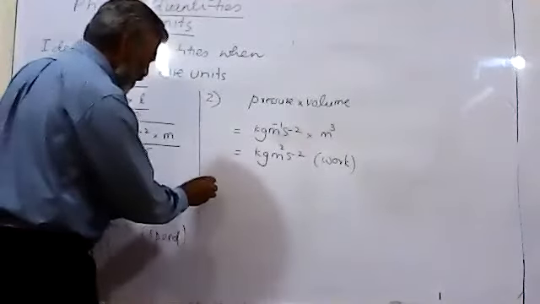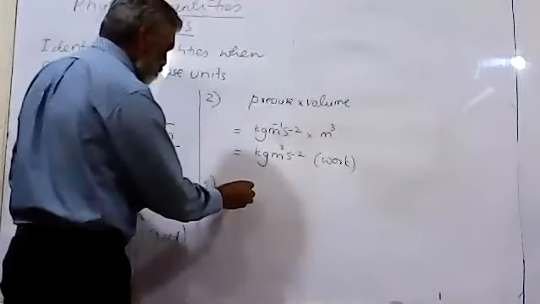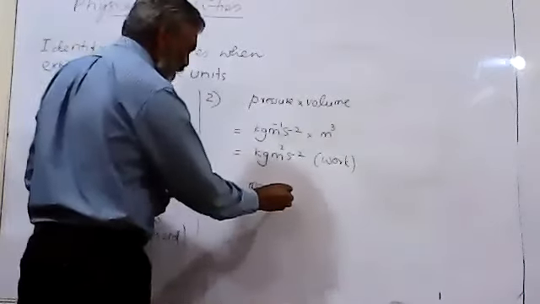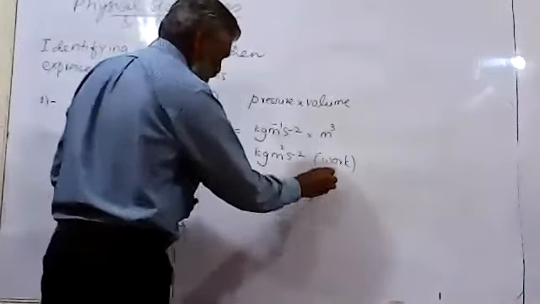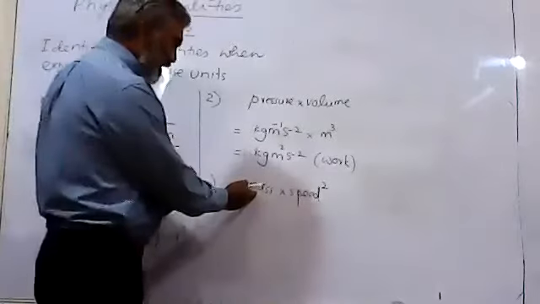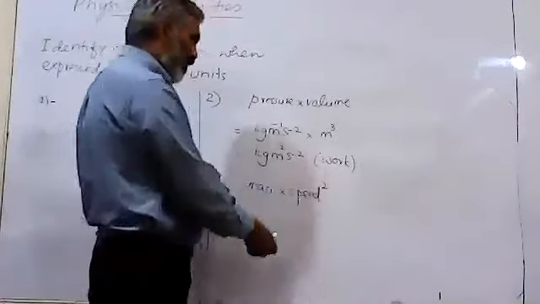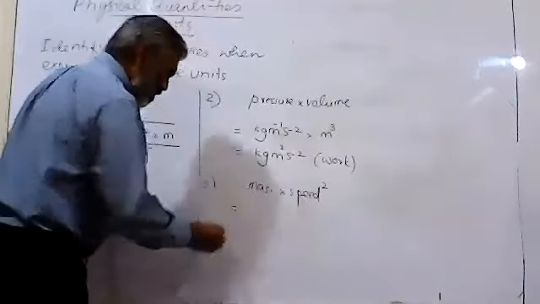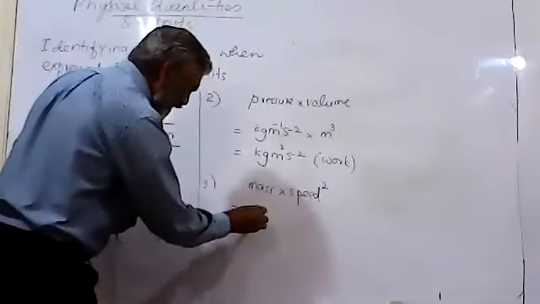Another example is that of mass multiplied by speed square. When we multiply mass by the square of speed of an object, what quantity is it? Again, it's not easy to recognize unless we express them in SI base units.